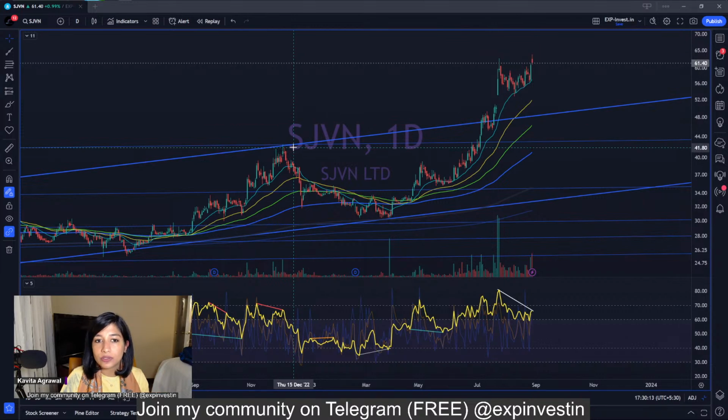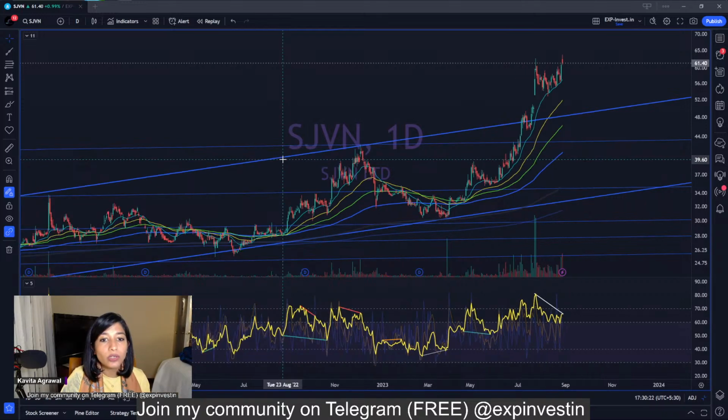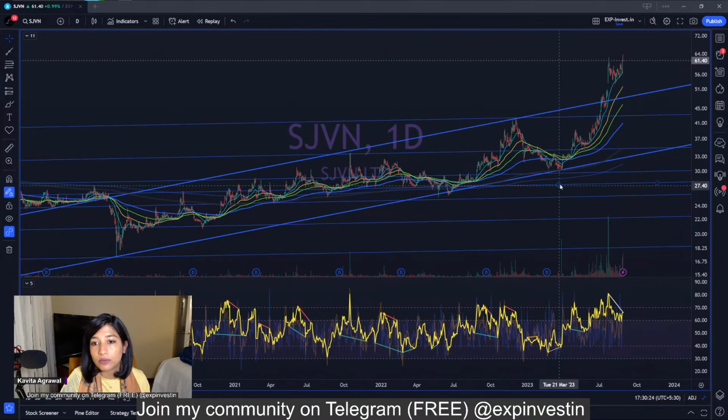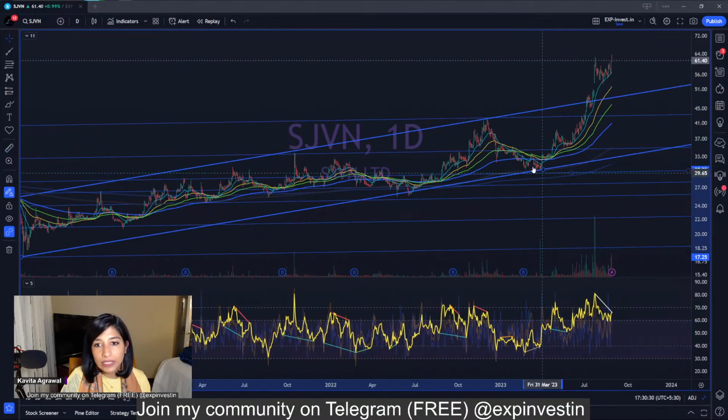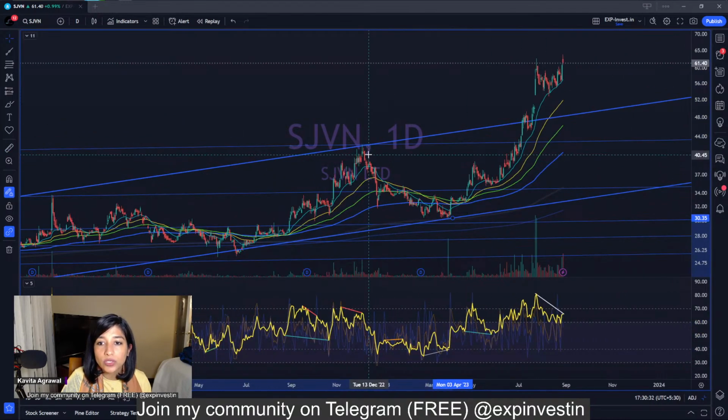Now just imagine the psychological stress of seeing your capital get eroded by 20-25%. It's not a good feeling, and a lot of people will have the better judgment of exiting the stock. So that is also one reason why it's always good for the stock to revert back, because your risk reward ratio improves significantly in that kind of a situation.